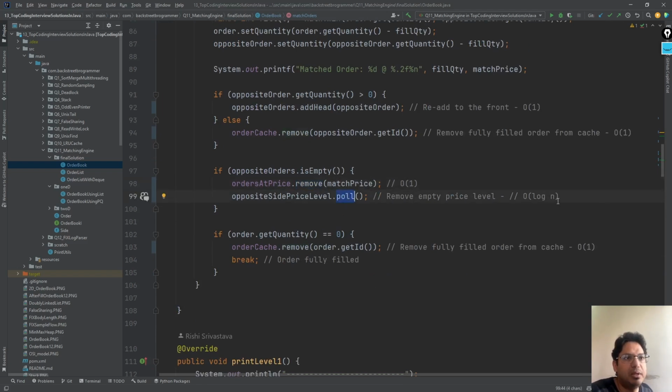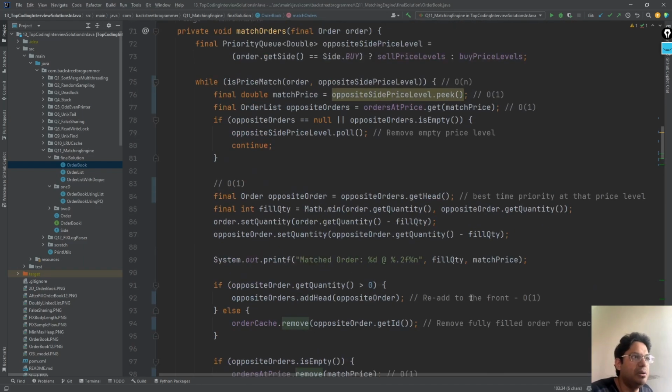Poll here is like O(log n). So this will only happen in this condition when the opposite orders are all empty. So only in that case we will call poll method on the priority queue, which is O(log n). And similarly, once we have the quantity as 0, when we have to remove this order from the cache, again remove is O(1).